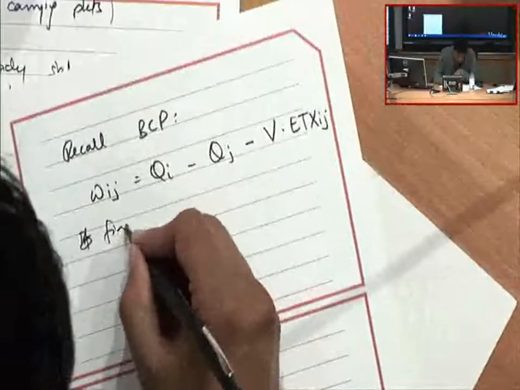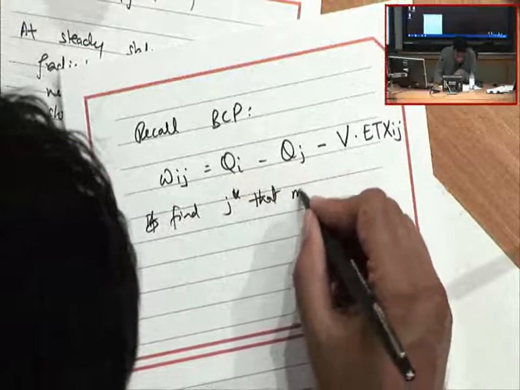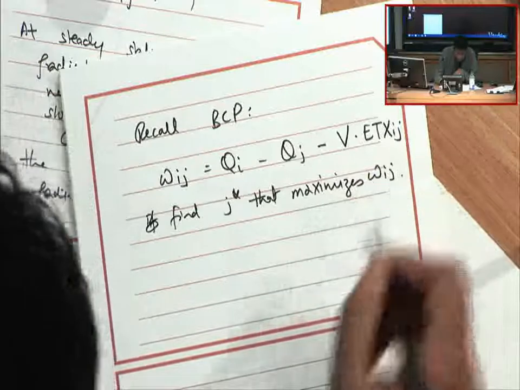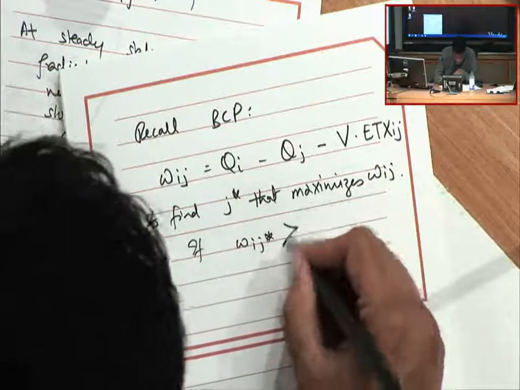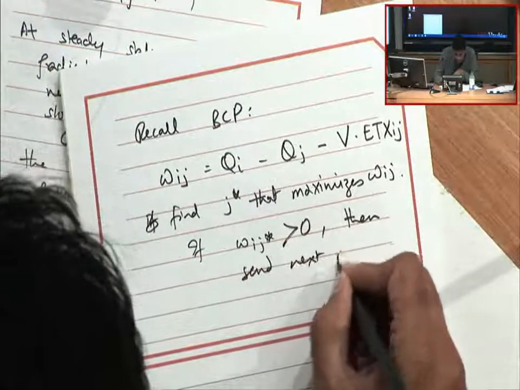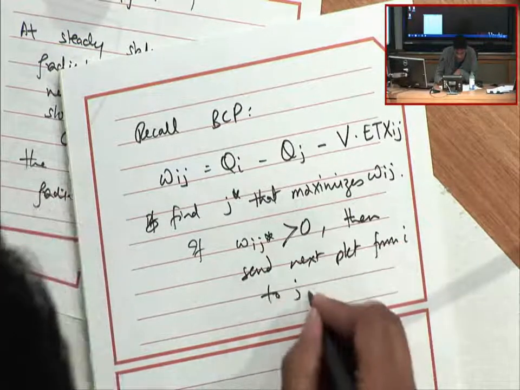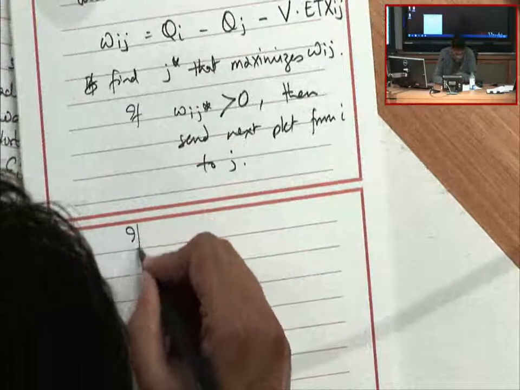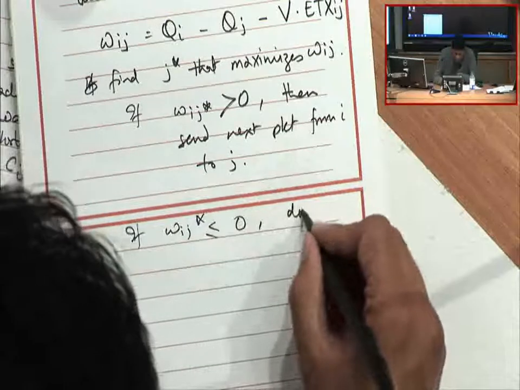And then find j star that maximizes W_ij, and if W_ij star is bigger than 0, then send next packet from i to j. So this has two implications. First of all, if W_ij star is less than or equal to 0, don't send packets.